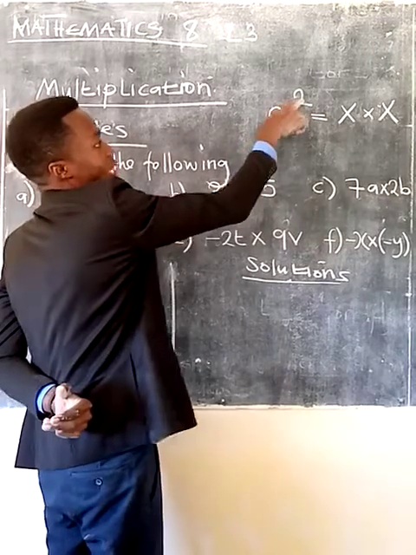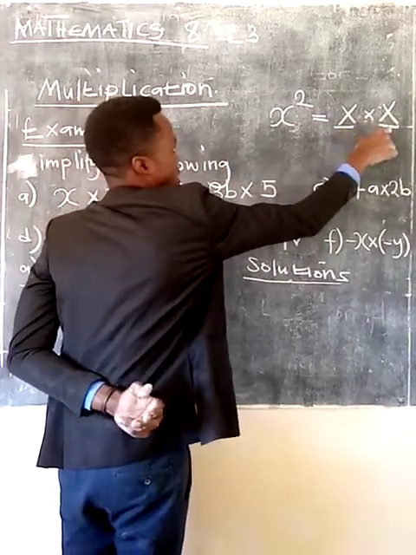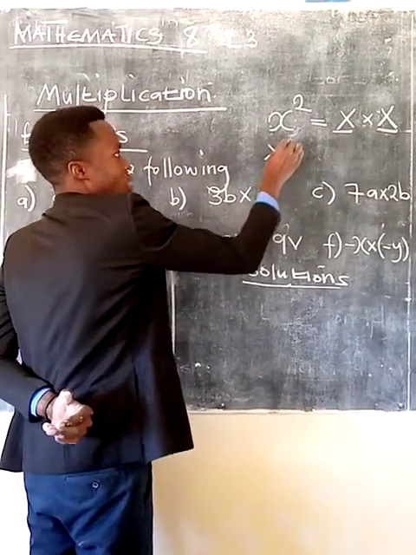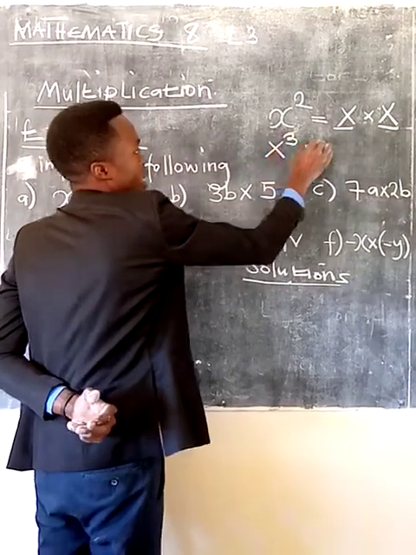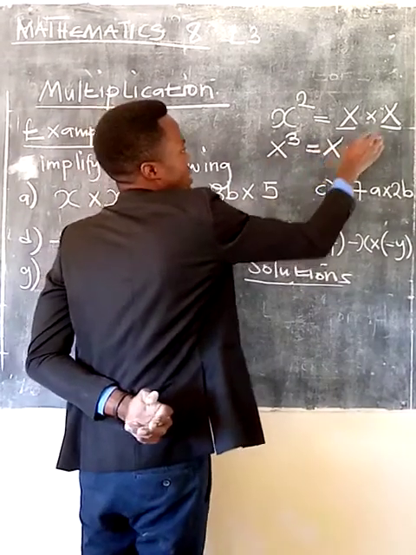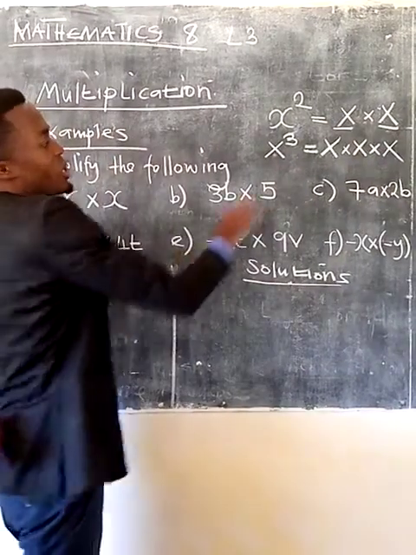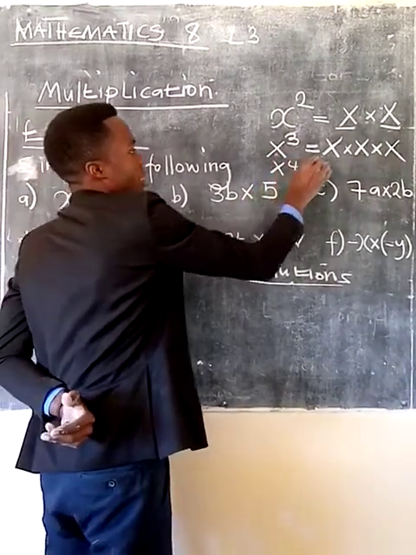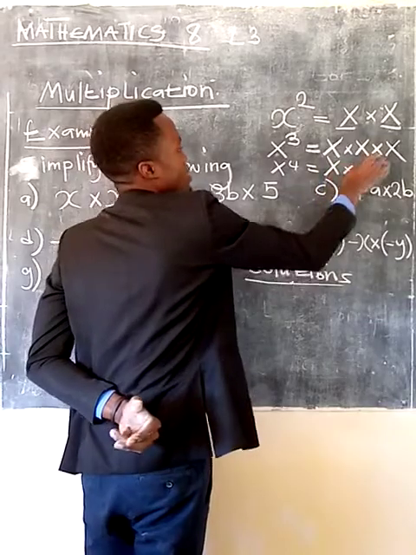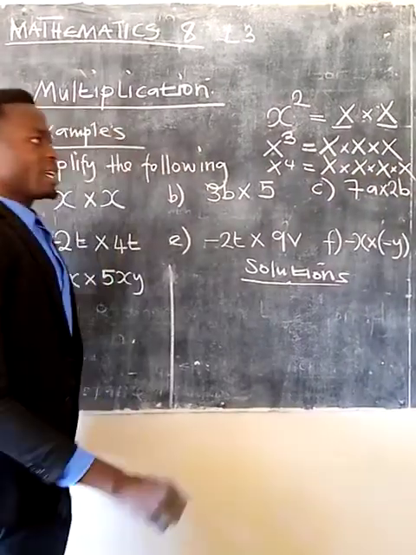So if we are saying we have x to the power 3 or x cubed, it means that you have 3 x's, so x times x times x. That's what it means. When you have x to the power 4, it means that this is x times x times x times x. Just like that.